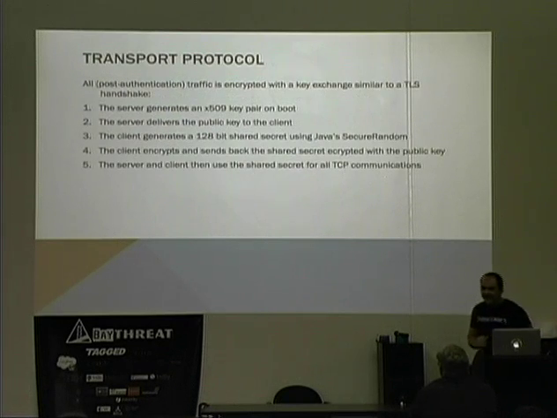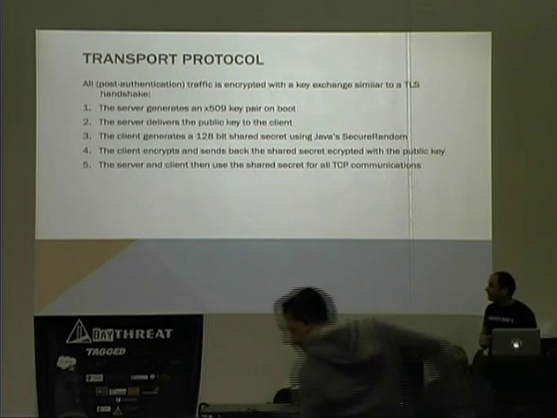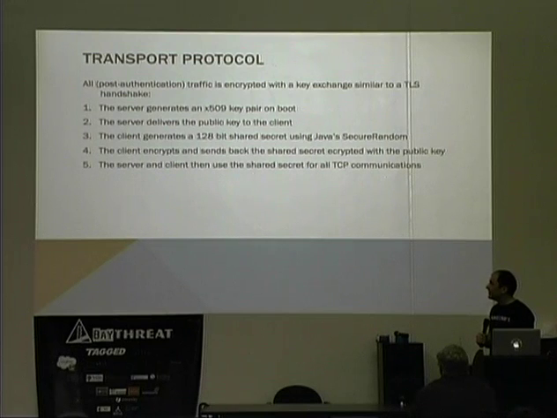So the first thing I looked at when I was starting my research is how Minecraft does its transport layer security, right? It's the easiest thing to look at whenever you're looking at a web server or a server-client relationship. What I found by digging into the source code is this flow: whenever the client sets up a connection to the server, you get something very similar to a TLS handshake.